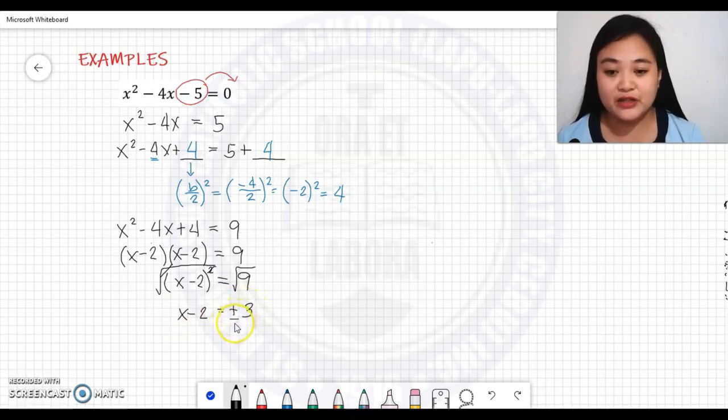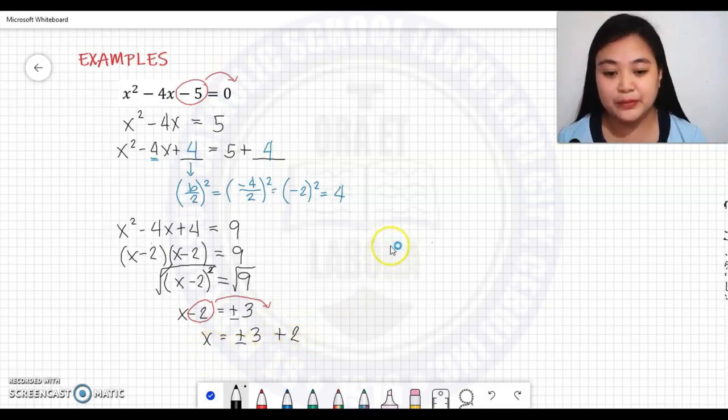In solving for x, there are two scenarios. We will transpose negative 2 to the other side, so it becomes x equals plus or minus 3 plus 2. The scenarios are these.